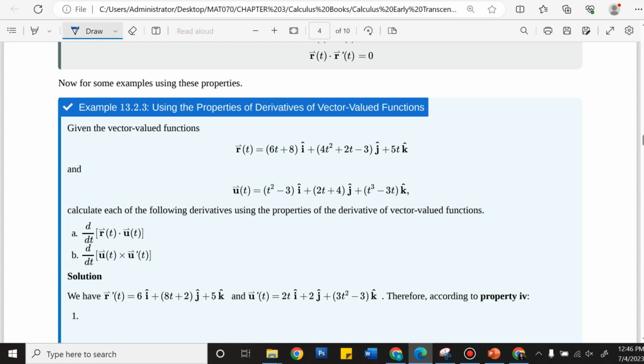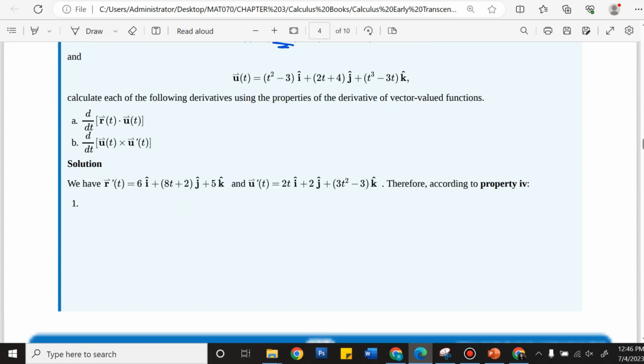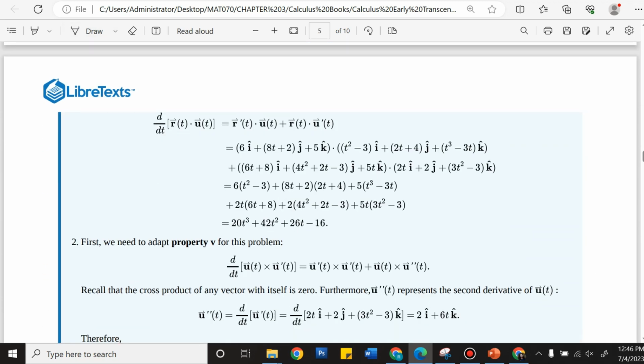With the dot product, diretso lang i-multiply. The derivative of the first, the derivative of the second, then multiply them one by one. Naka-follow ra?